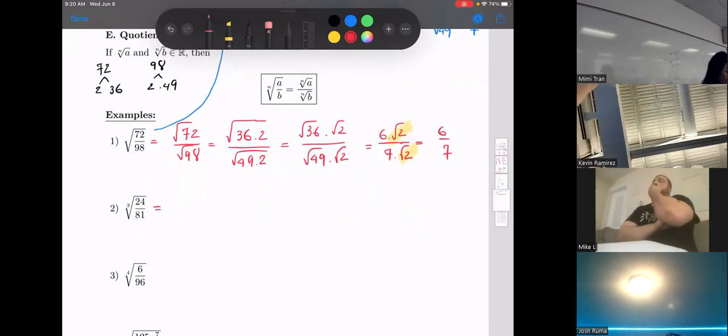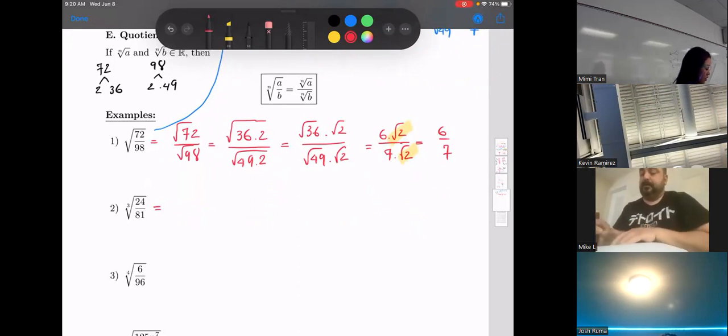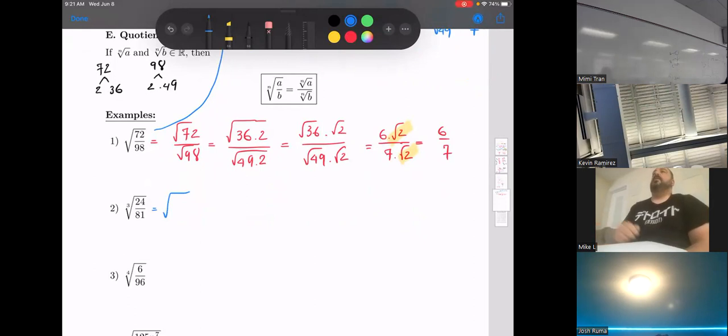All right, 24 and 81. Is there a common factor? I'm going to use blue because I'm doing the blue method. Is there a common factor? Can 24 be divided by 3?